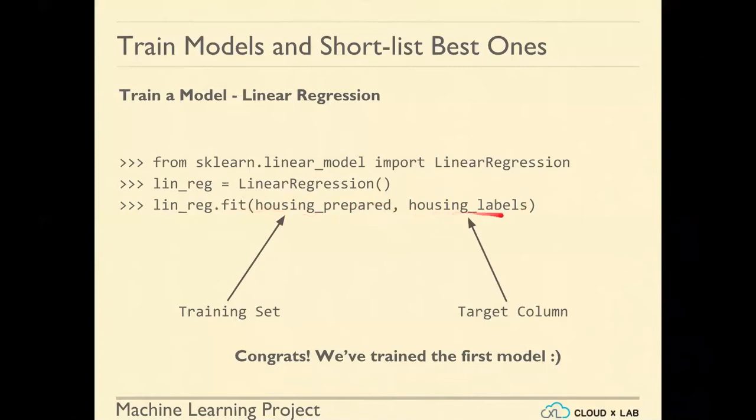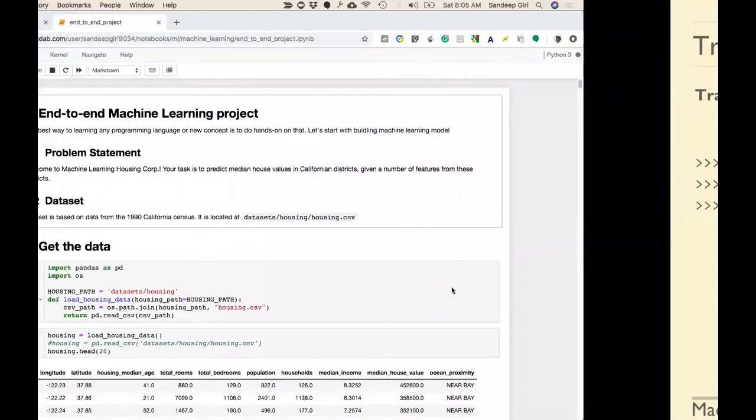We already have labels with the value, therefore we are able to provide these labels. Here we have the housing data prepared, which has all the columns on the left-hand side. These are independent variables, and this is the dependent variable.